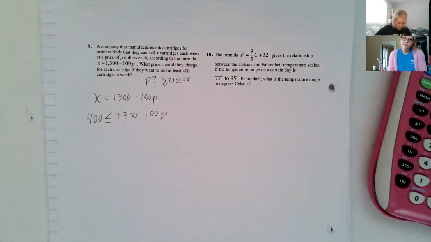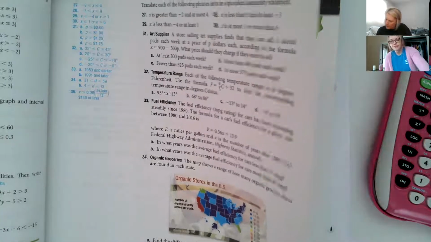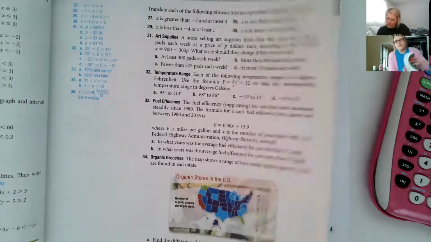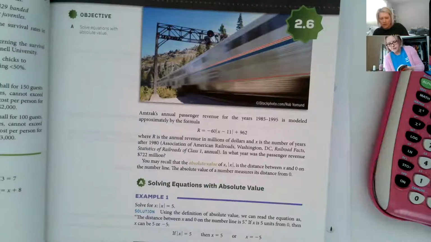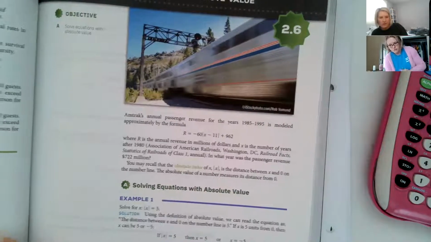So how about we go in our book here and pick one that gives us a good equation. Did I do any in the notes? Let's do 38. I love talking about weddings.